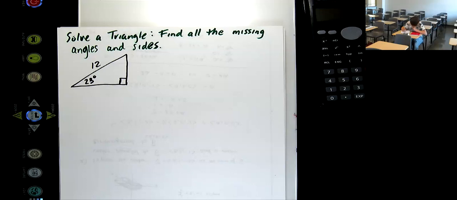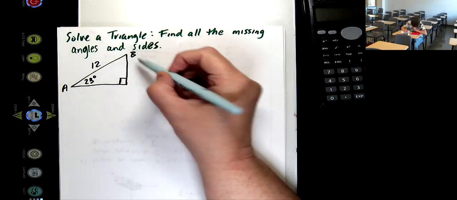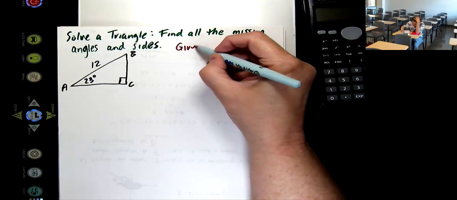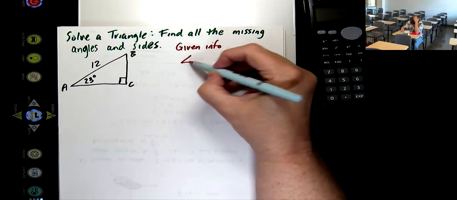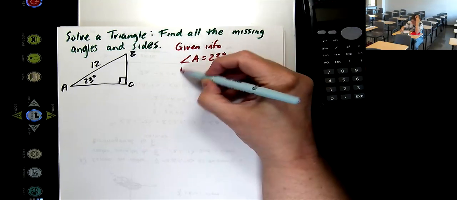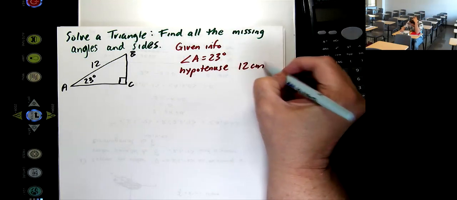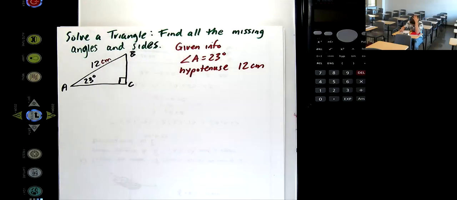So if I gave this letters, maybe let's give this letters. It's easier to explain if I give it letters. So basically, the given info is angle A is 23 degrees and the hypotenuse is 12. Let's go with 12 centimeters. Okay, so if you have an angle, it's easiest to find the other angle first.